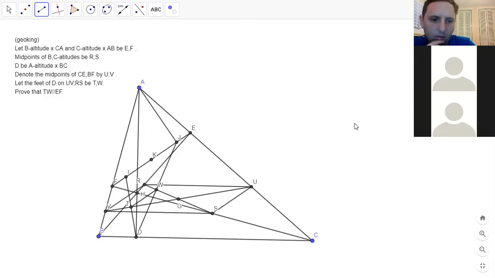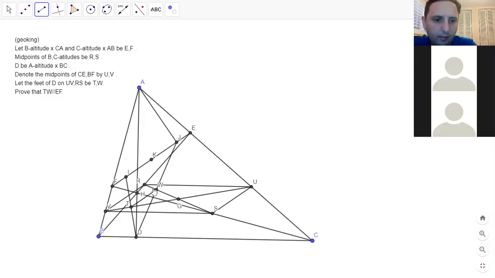I think we can prove that. Let me think for a while. Actually, proving that DJ is perpendicular to RS is easy, but we need to prove that it bisects DJ too.